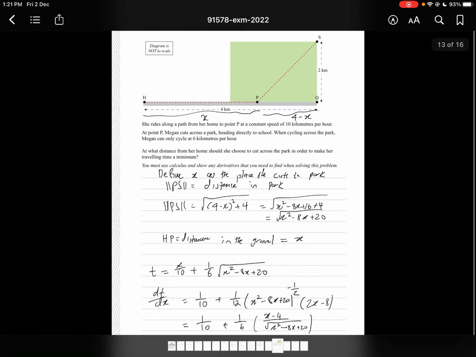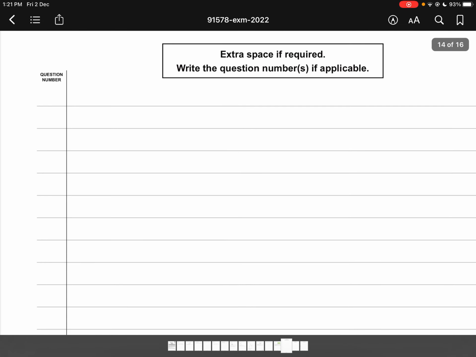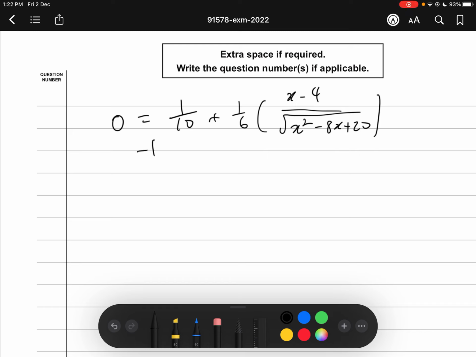So we might need some extra space here. Okay. We have 1/10 plus 1/6 times x minus 4 over the square root of x squared minus 8x plus 20. So therefore, -1/10 equals 1/6 times x minus 4 over the square root of x squared minus 8x plus 20.